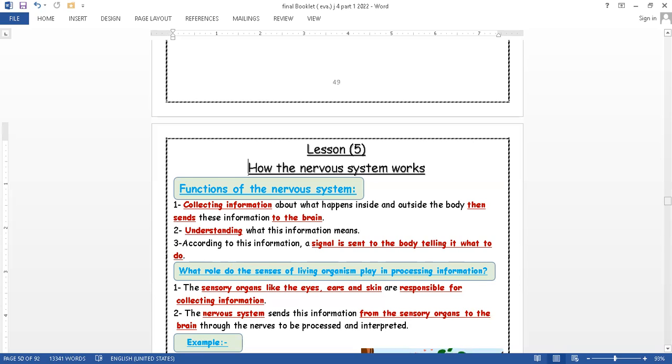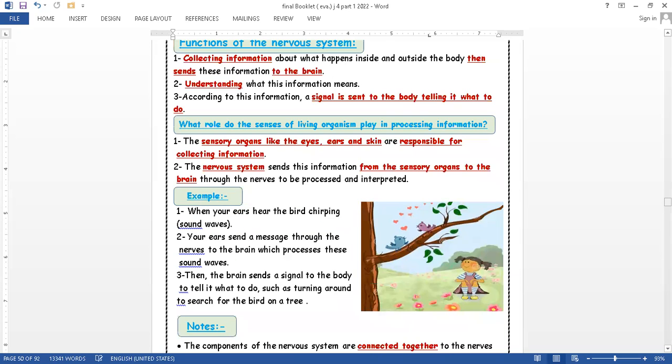So we can say that our sensory organs are responsible for collecting information, for entering the data for our brain to start to solve it and to send a suitable response to our bodies.